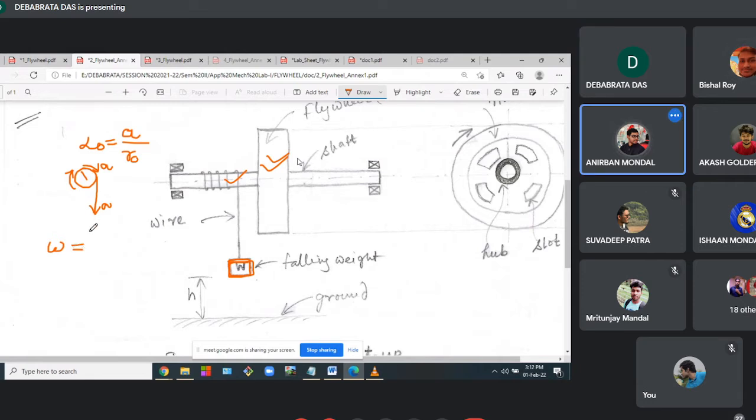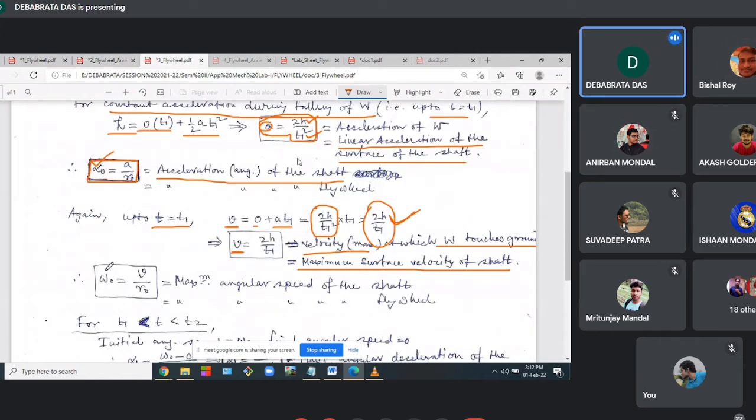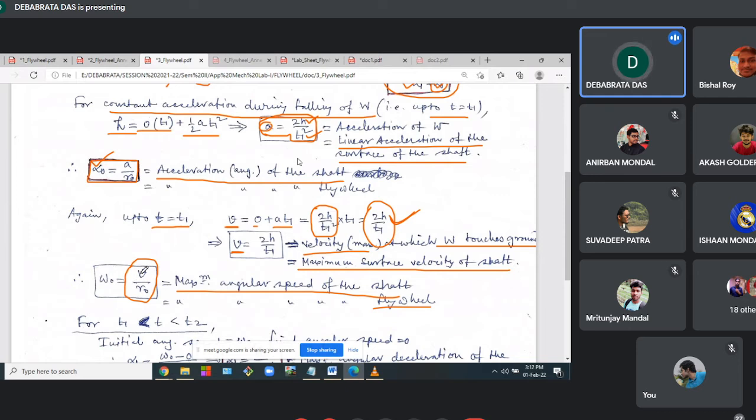V equal to R omega, so V by R naught. So the maximum angular speed of the shaft or the flywheel, they are the same thing, is the maximum velocity divided by R naught. Is it okay?